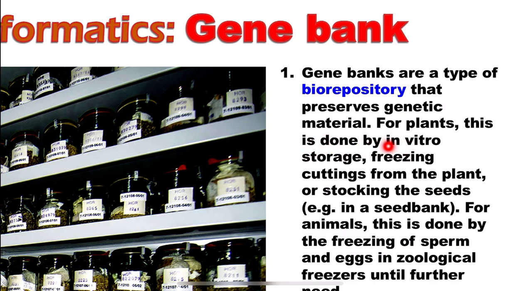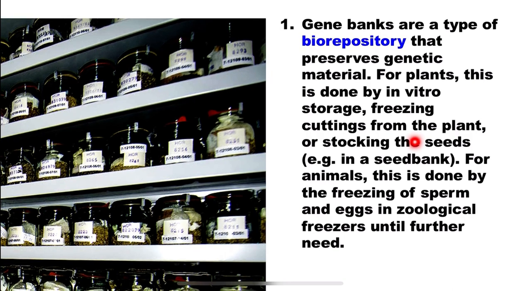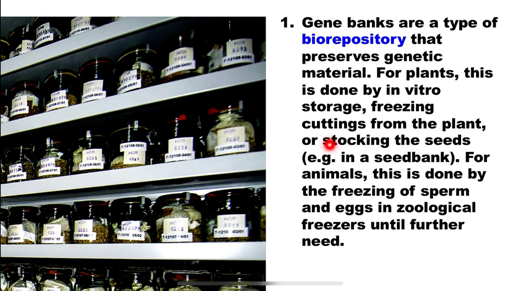This is done by in vitro storage, freezing, cutting from the plants or stocking the seeds. Example, in a seed bank. For animals, this is done by the freezing of sperm and eggs in zoological freezers until further need.